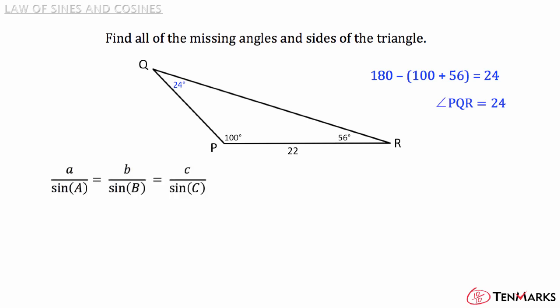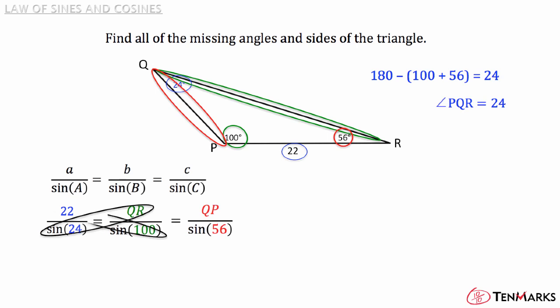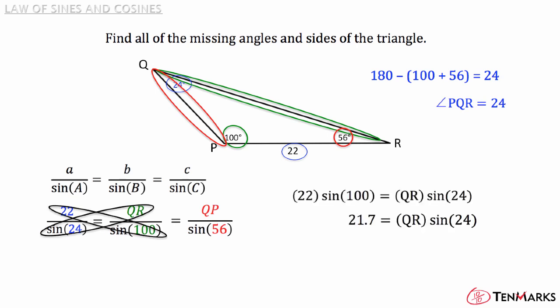Since you only have one side length, the first ratio will be 22 over the sine of 24. Then set up the remaining ratios. So this equals QR over the sine of 100, which equals QP over the sine of 56. To solve for QR, cross-multiply, simplify, get QR by itself, and solve to find that QR is 53.4.